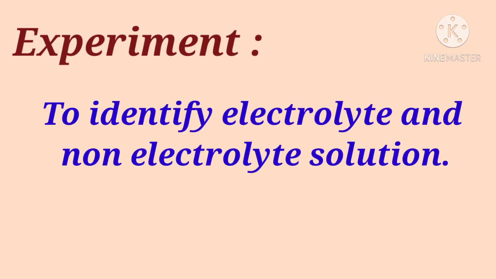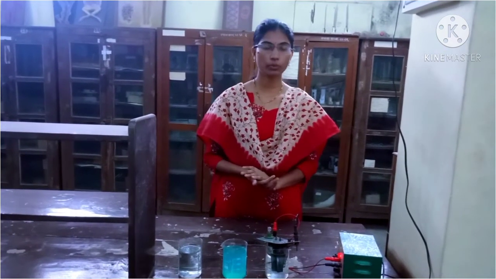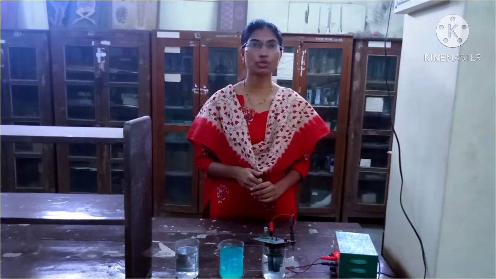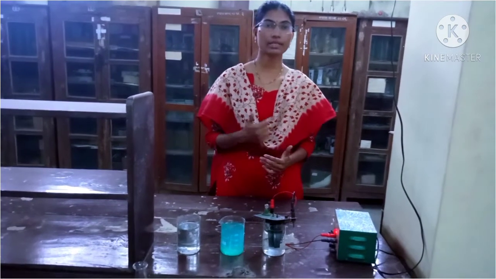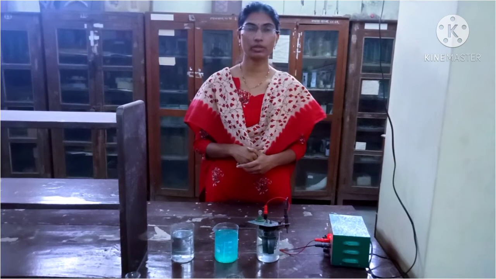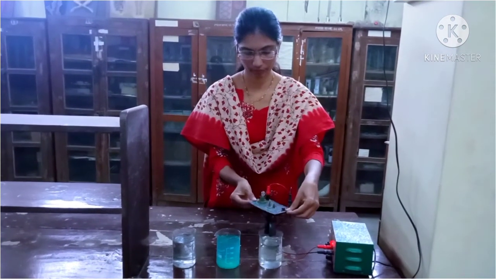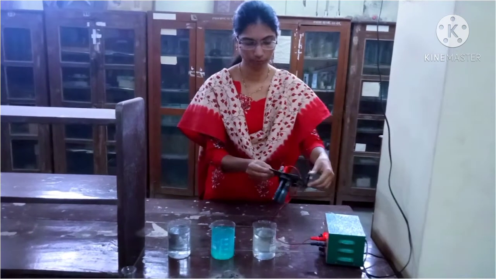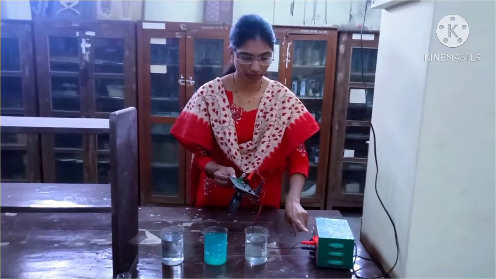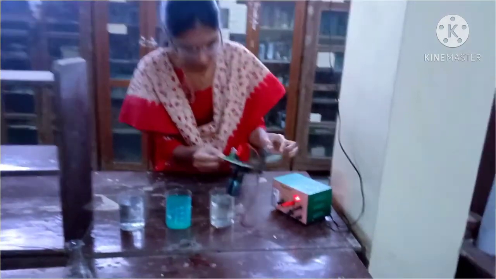Students, let's see an experiment to identify electrolyte and non-electrolyte solution. Now we are going to conduct one experiment of electrolysis. As I have explained to you about electrolysis, let's see it with the help of an experiment. First of all, I want to show you two terminals, positive and negative.